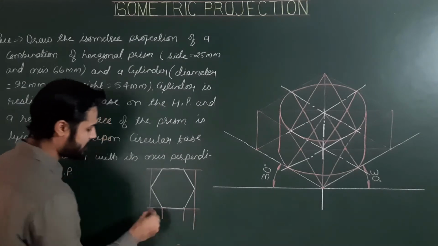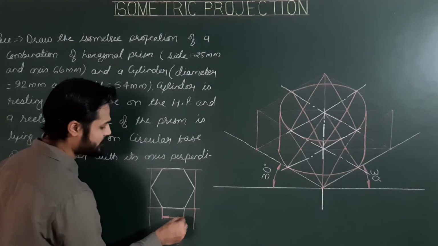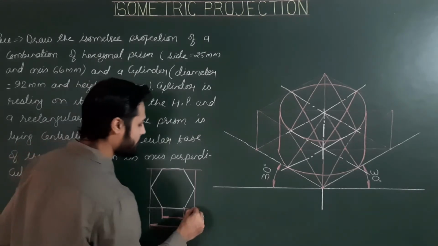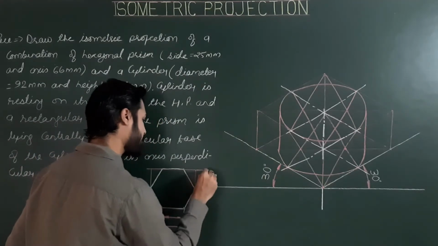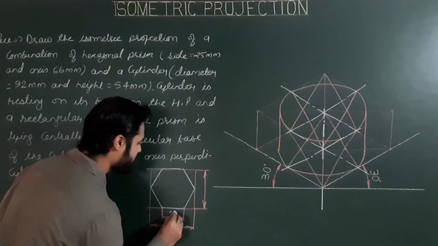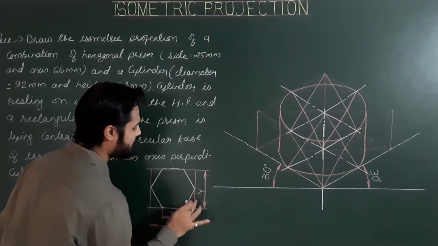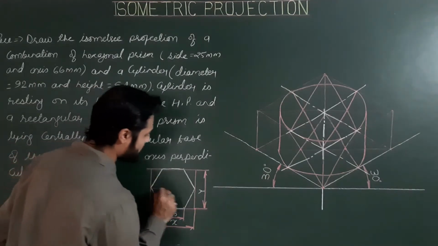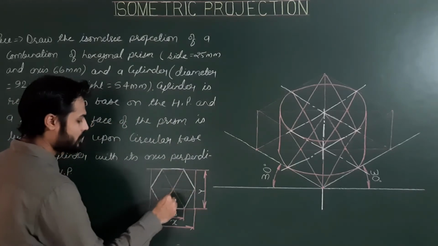Size of the hexagon and size of the helping box: the size is 25, x and y. Next, for locating the center of the hexagon or hexagonal plane, drawing lines from opposite corners.